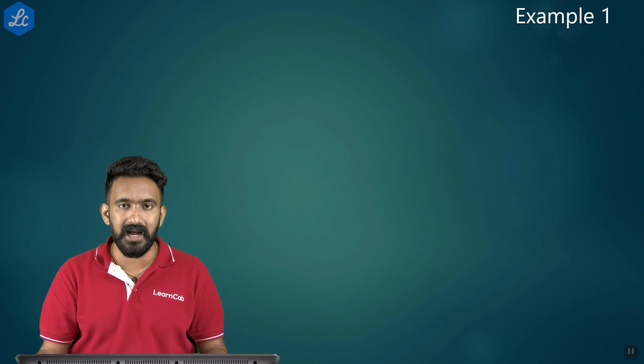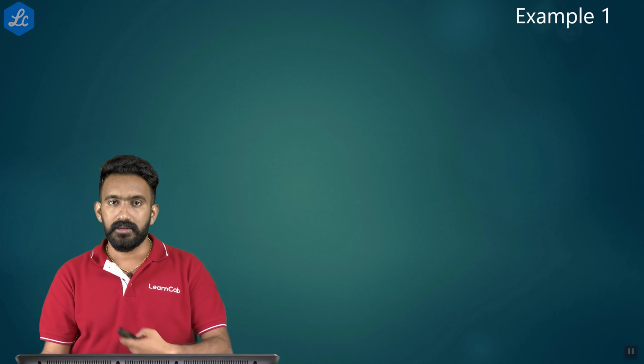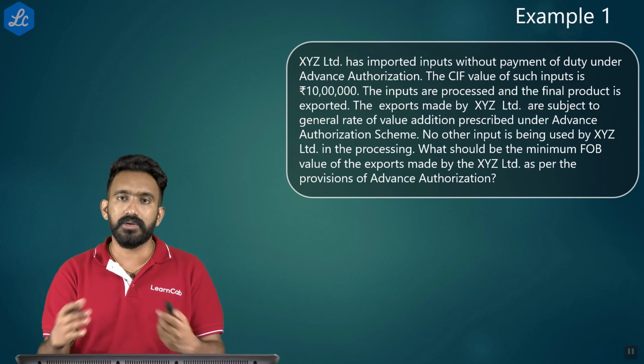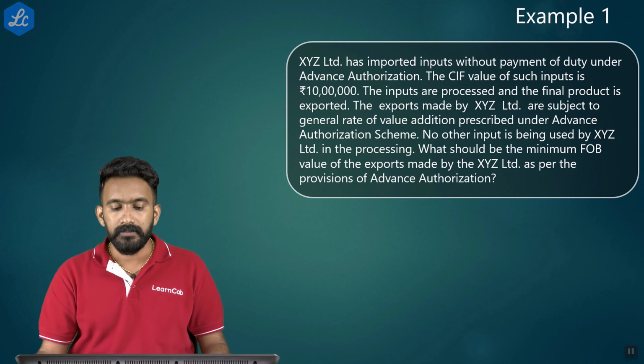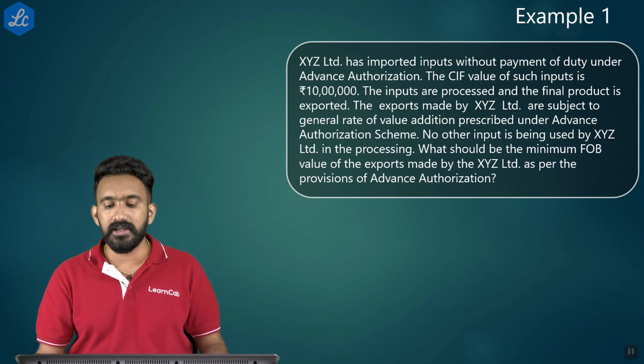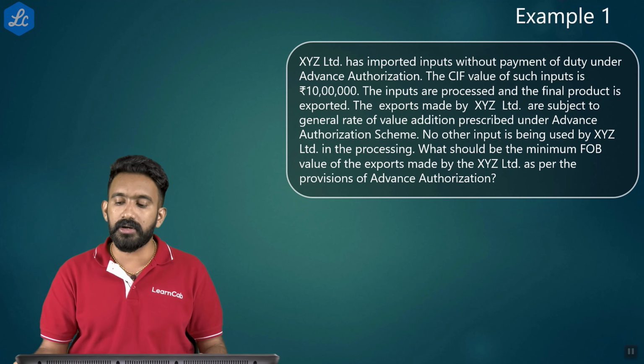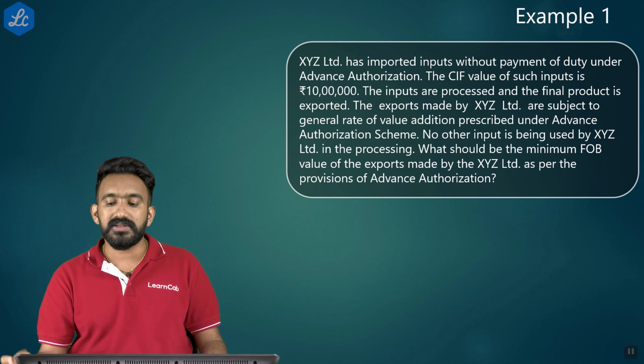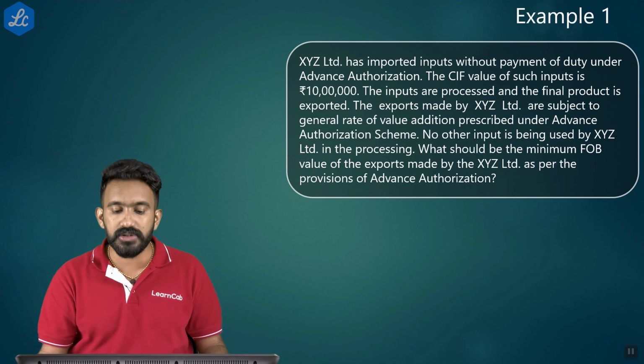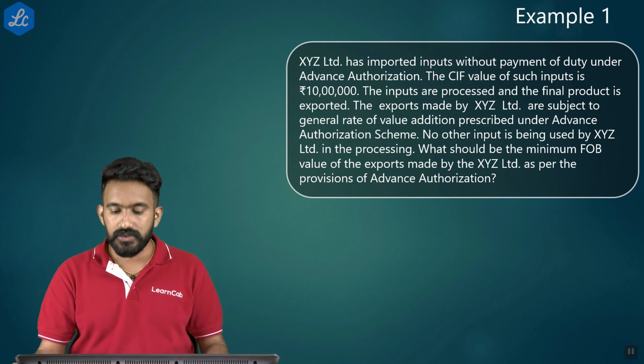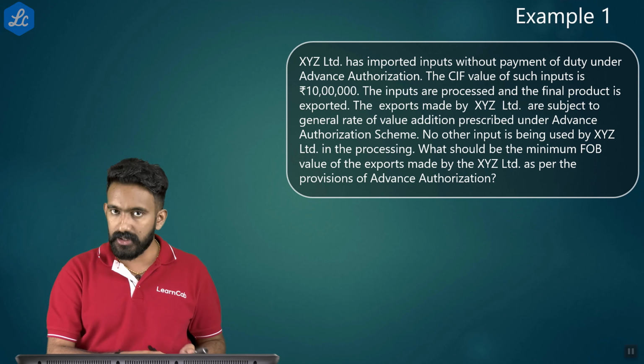Now let's look at an example and then try to understand this particular condition, and we will look at multiple questions as well. XYZ Limited has imported inputs without payment of duty under advance authorization. The CIF value of such inputs is 10 lakh rupees. So CIF value of inputs I get. So I need to make a value addition.